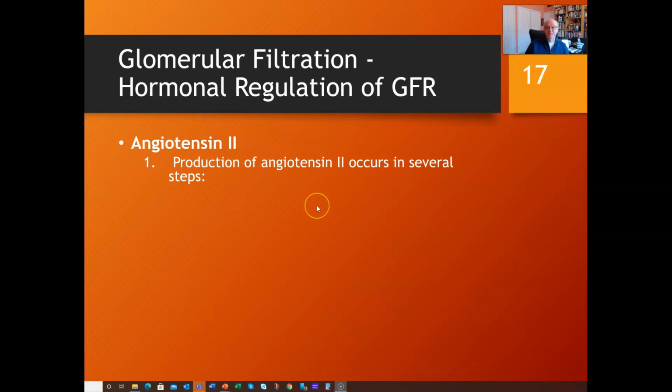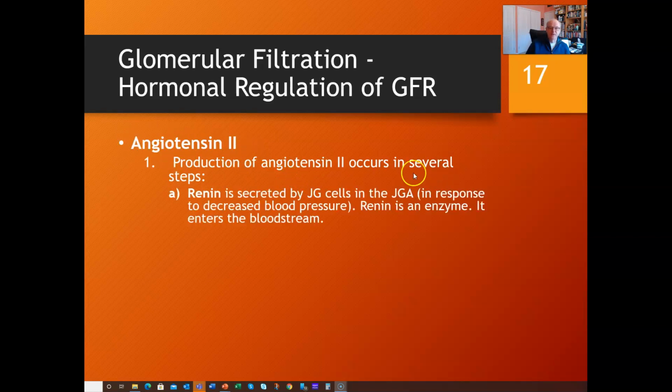Well, there is an angiotensin I, which we'll meet in a second. So, the production of this hormone, angiotensin II, occurs in the following steps. Renin is secreted by the juxtaglomerular cells in that juxtaglomerular apparatus that we met at the beginning of this slideshow.